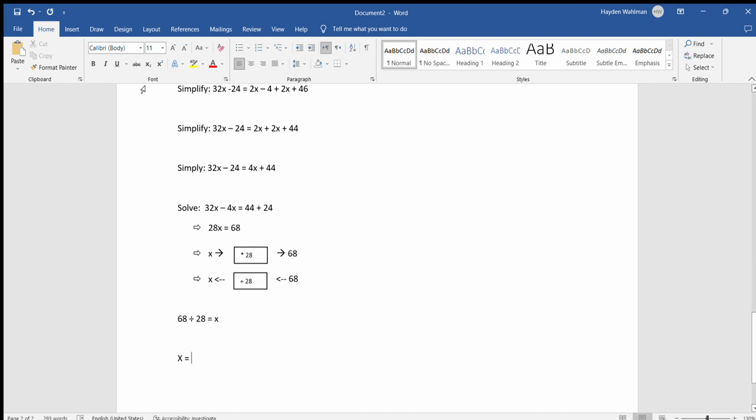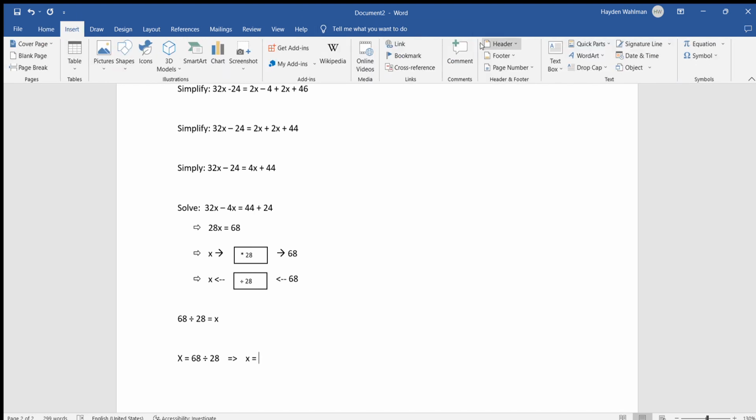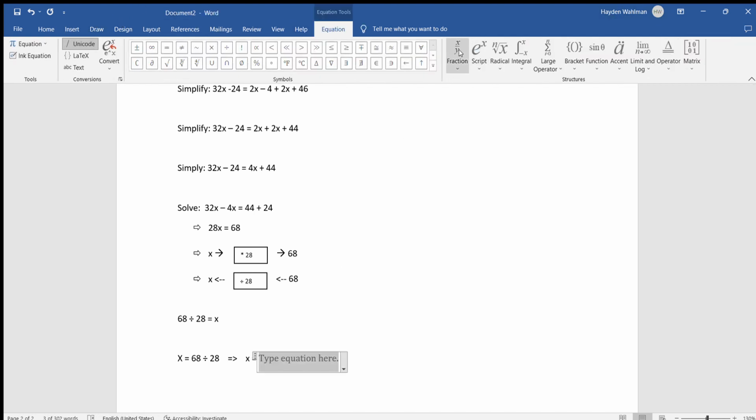And that's the same thing as, I'm just going to show you it in both ways because I think some of you still get confused by this, which is the same thing as x equals 68 over 28.